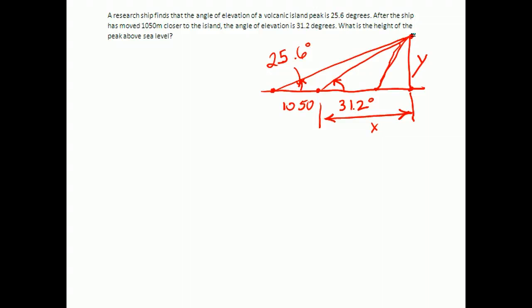All right, so let's take a look here. I've got an opposite side and an adjacent side with my angles. So let's make a couple of equations with tan. I'm going to say that tan of 25.6 equals y opposite over, and here I've got x plus 1050.